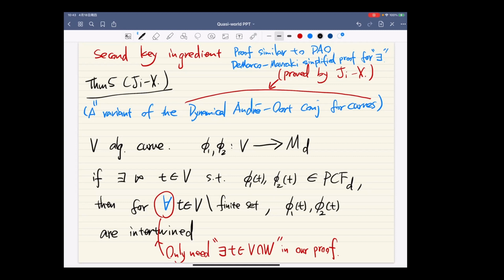The proof follows the same strategy, but because you only need to find one parameter, you can work at some periodic or some PCF parameter, and many steps of the proof can be simplified.